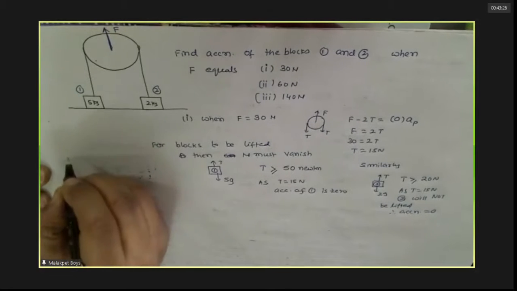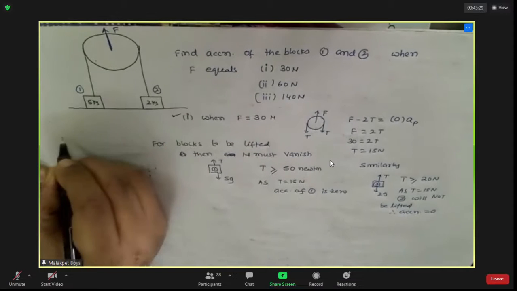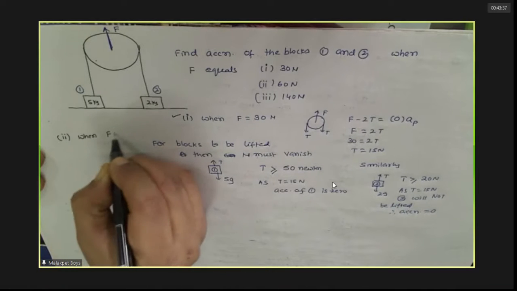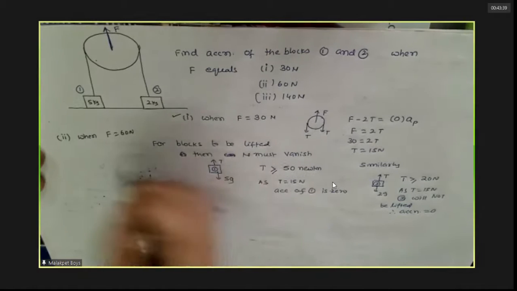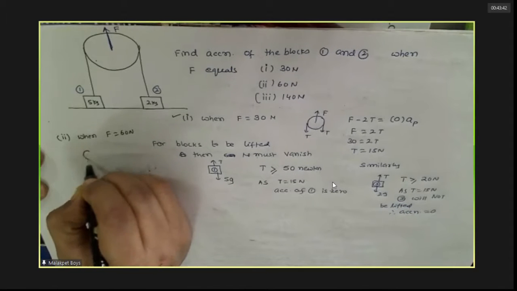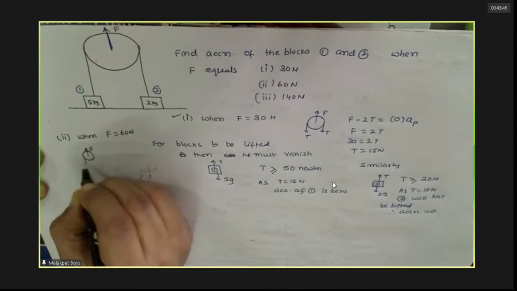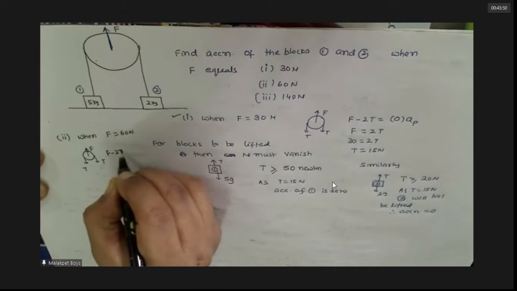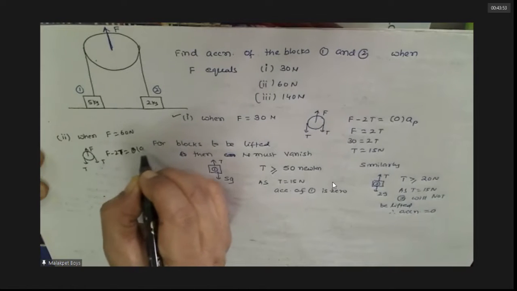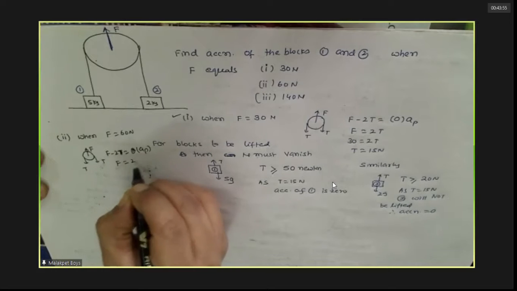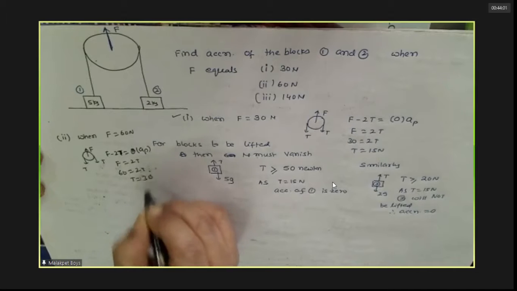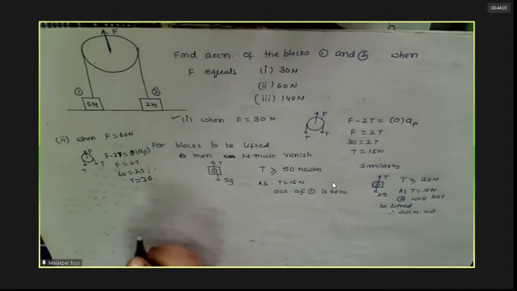Come back to the second one. What is the second case he gave? As he analyzed like this, same story. So how much are you getting tension then? 30. Agreed.